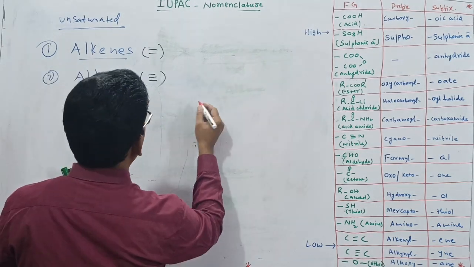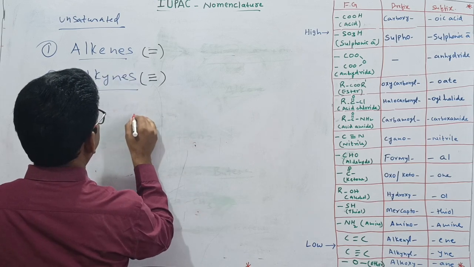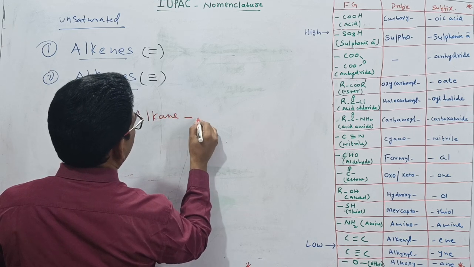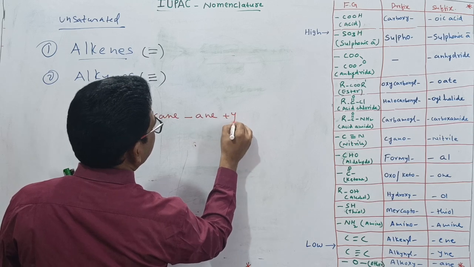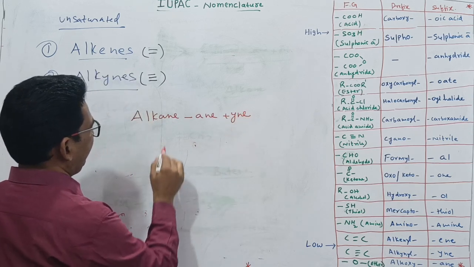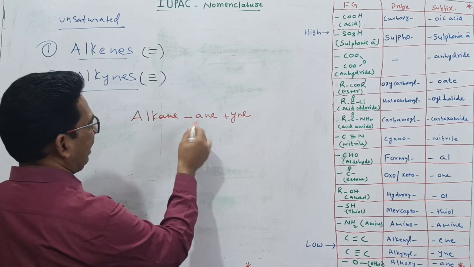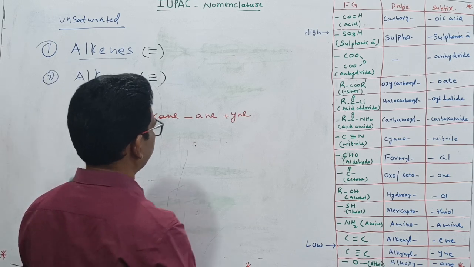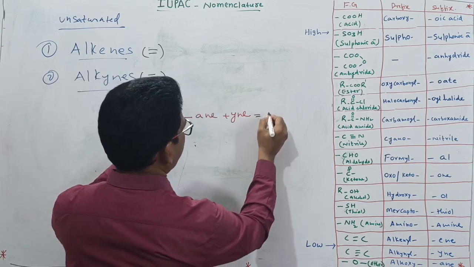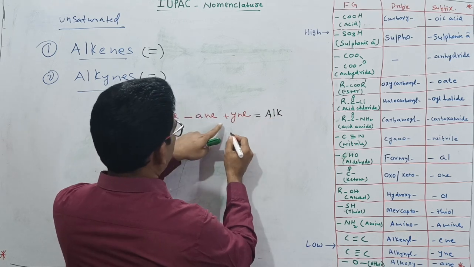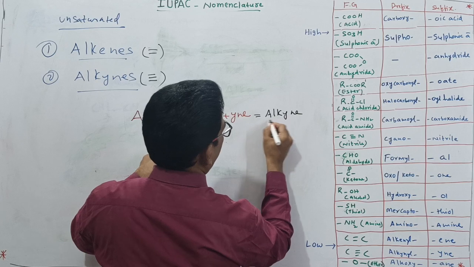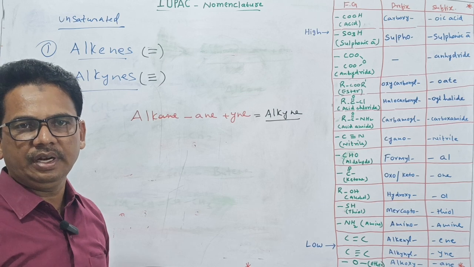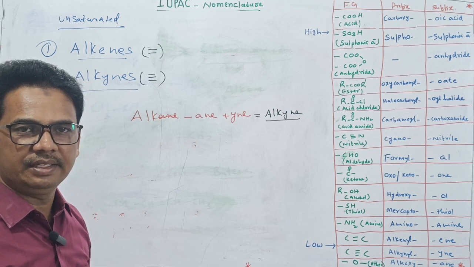Alkane minus ane plus yne. If the ane is going out, what will remain? Alk remains, alk plus yne, alkyne. Alkane, minus ane plus yne, alkyne.